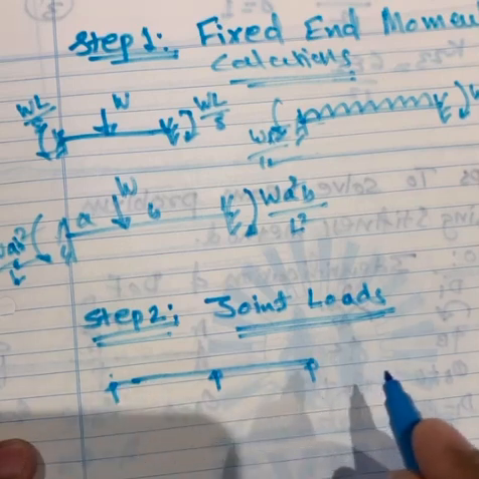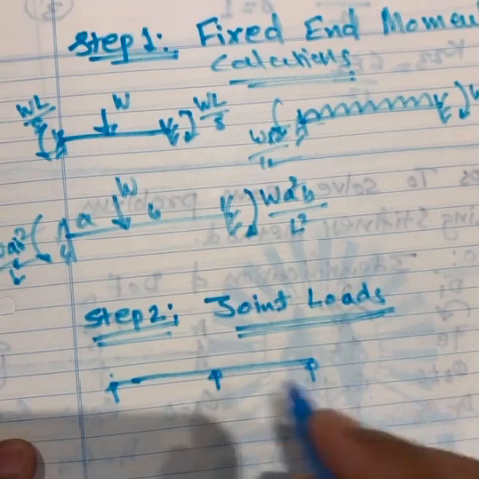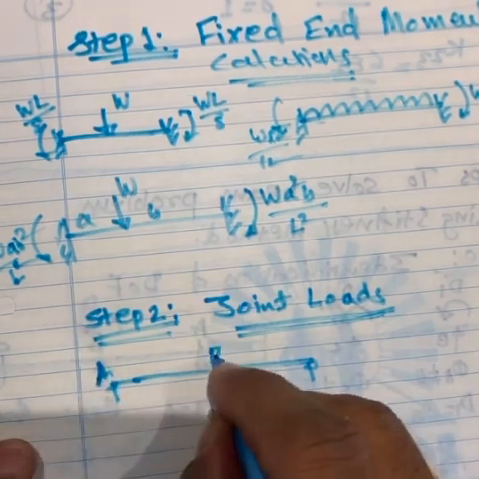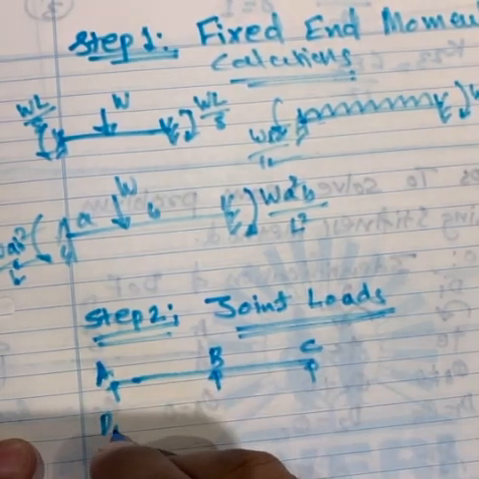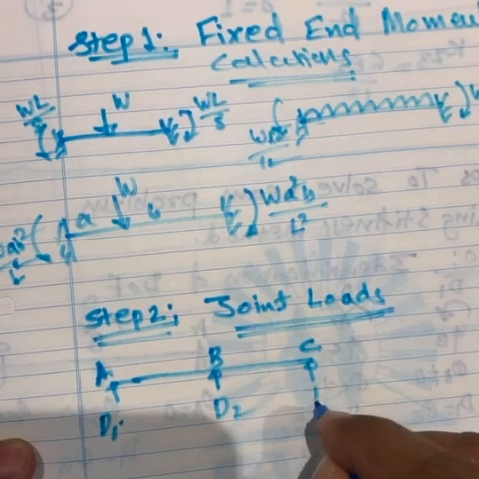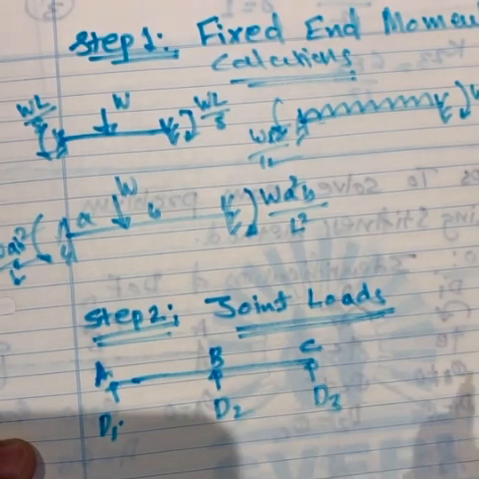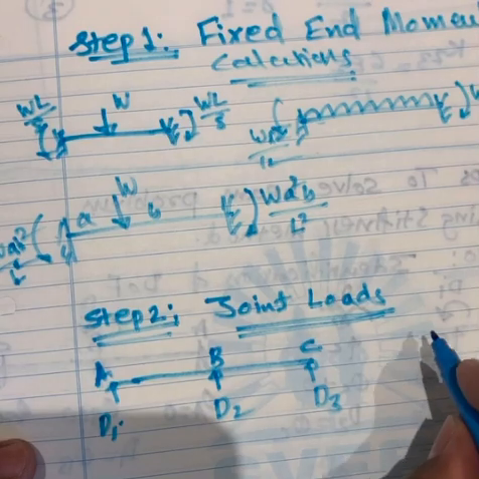As many degrees of freedom as there are, that many joint loads. I am taking the maximum degrees of freedom for your understanding. So there will be D1, D2 and D3, and so P1, P2 and P3.